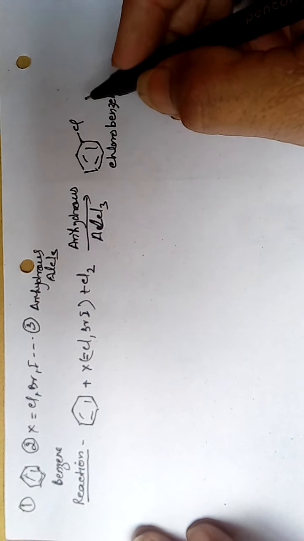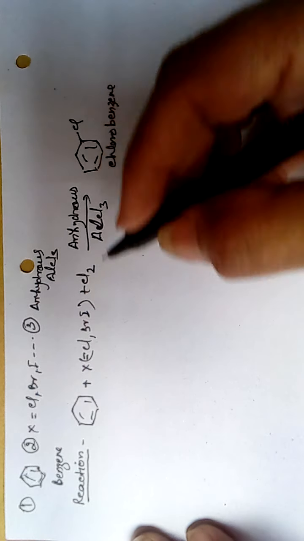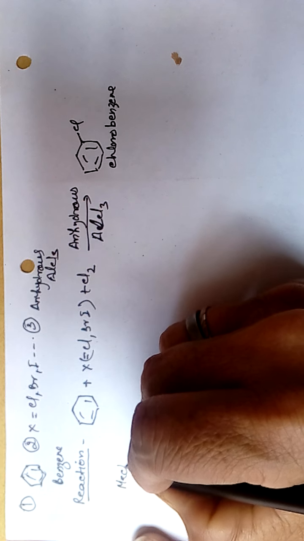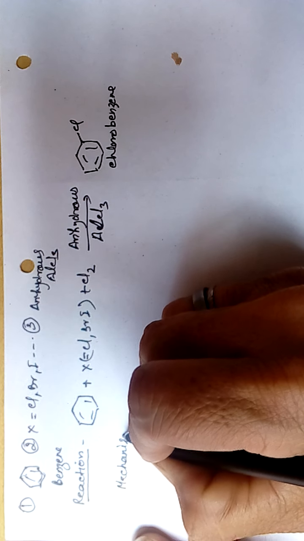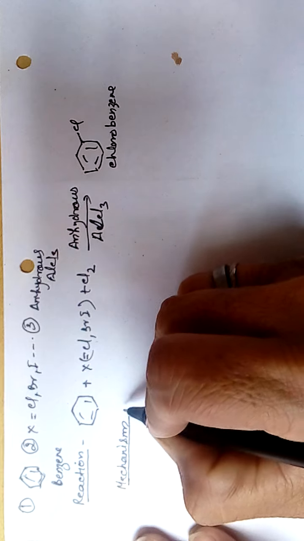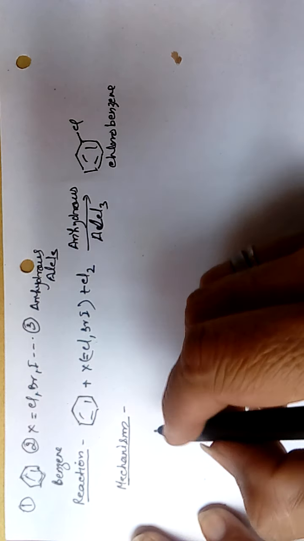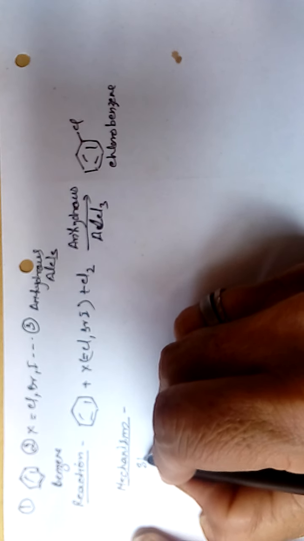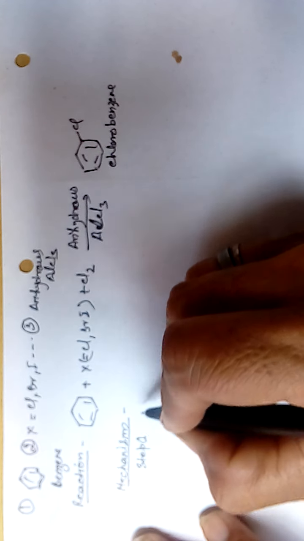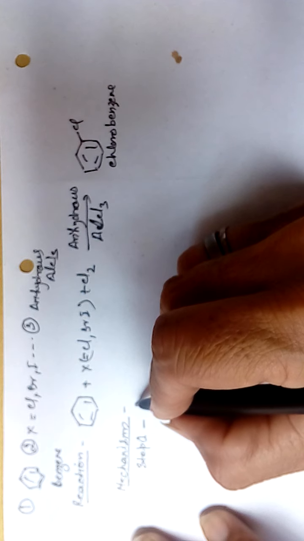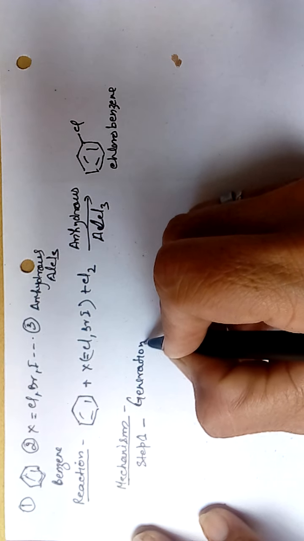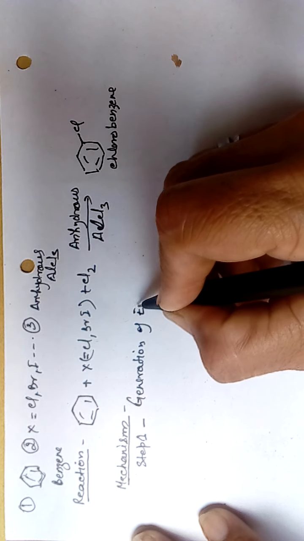Now we see how the electrophile is generated and how the mechanism takes place. Here we see the mechanism of the reaction. In step 1, generation of electrophile.